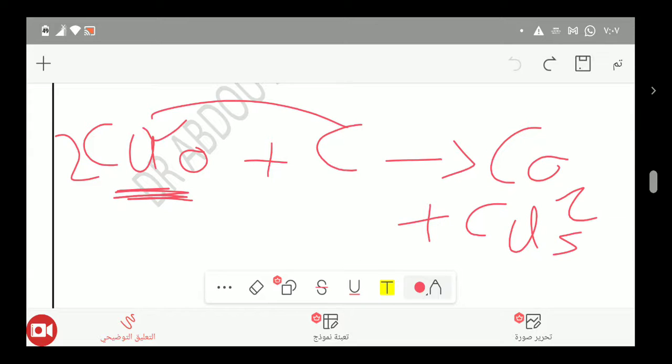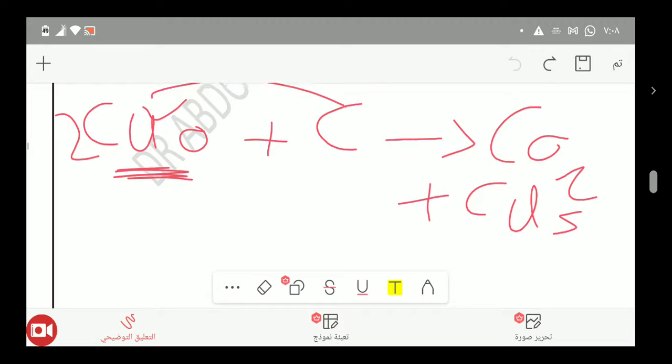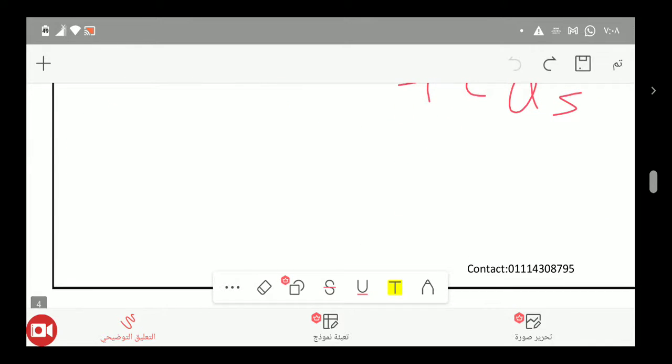So there is a displacement reaction here. The most reactive element in the reactivity series can displace the least reactive element. So it is very important to remember the reactivity series elements and their reactivity.